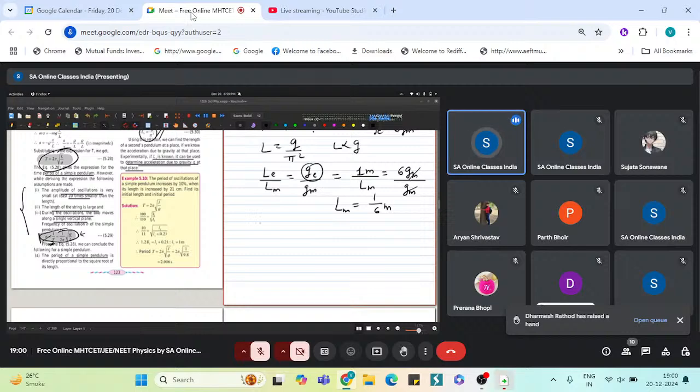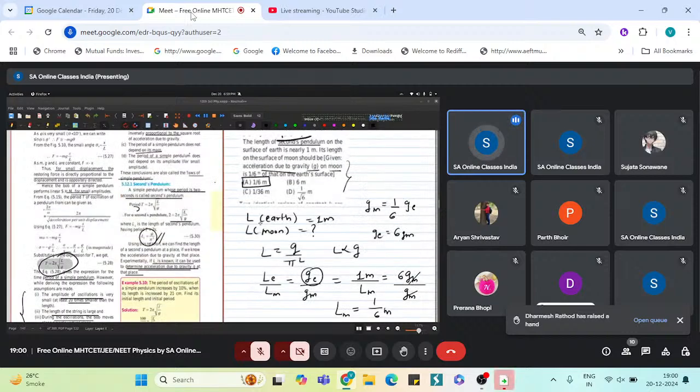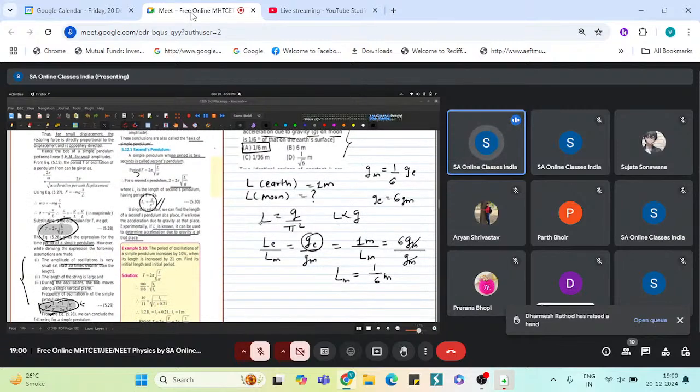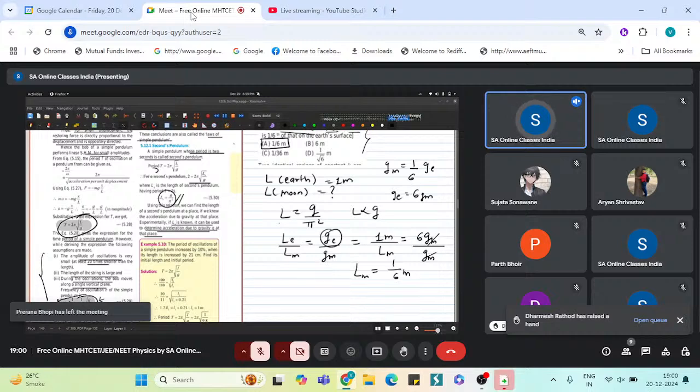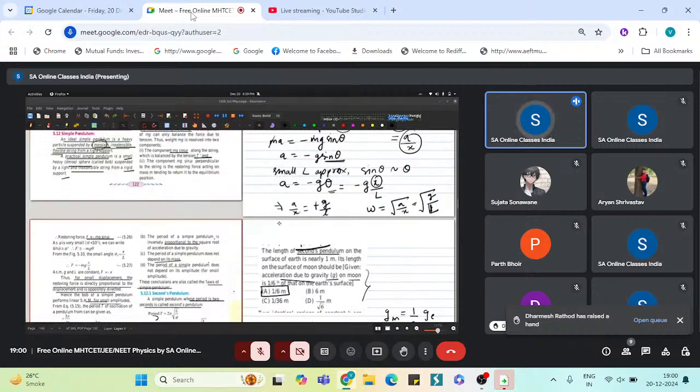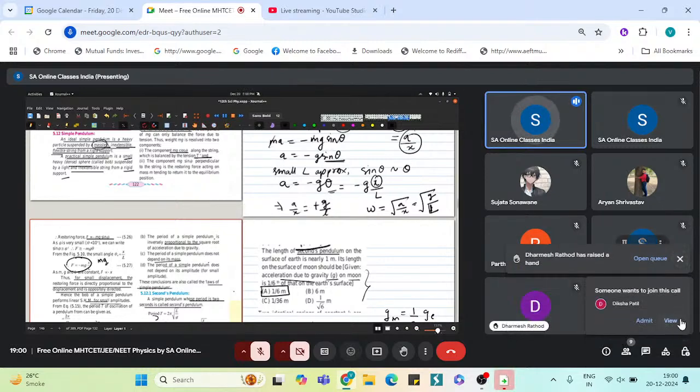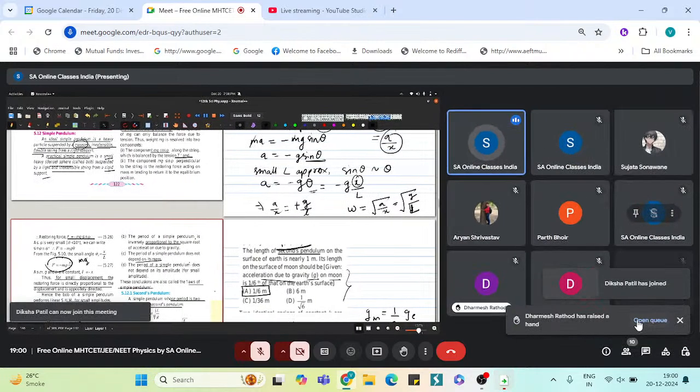So in the last class we had looked at different things for the simple pendulum. Primarily we had looked at how to find the equation of motion and then how to find the time period from the equation of motion for the simple pendulum. The equation of motion is this: F we can write as ma, and for a we can write d2x by dt square.